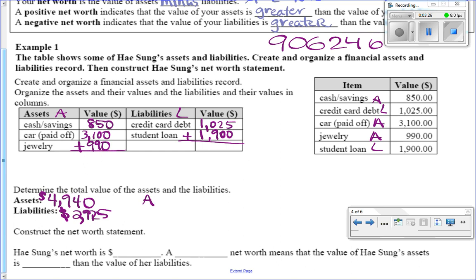So your assets minus liabilities. So what is Sum's net worth when you subtract? You got it. 2015. Okay. Is this a positive or negative net worth? Good. So a positive.